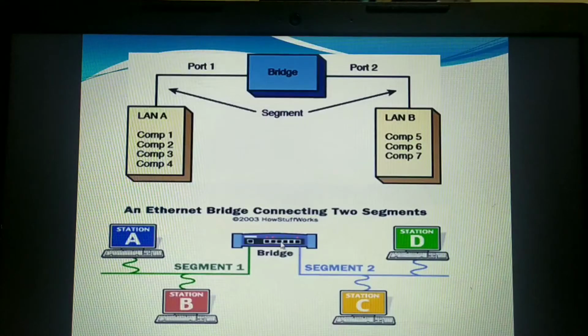Bridges are smart enough to know which computers are on which side of the bridge. This bridge knows that station A and station B are in segment 1, and on the other side of the bridge, station D and station C are the computers in the second segment. It knows this very well.